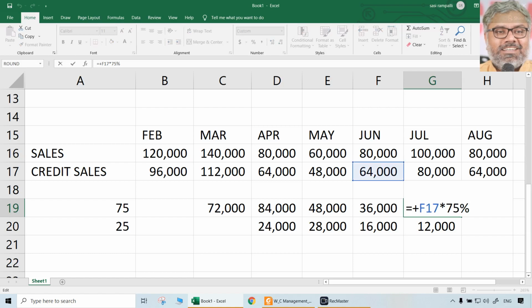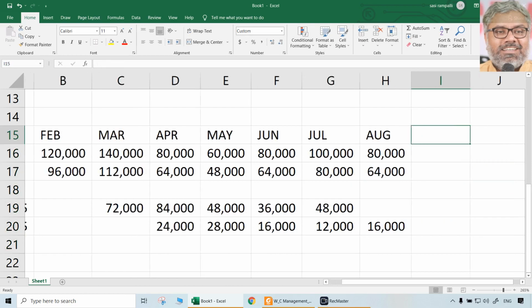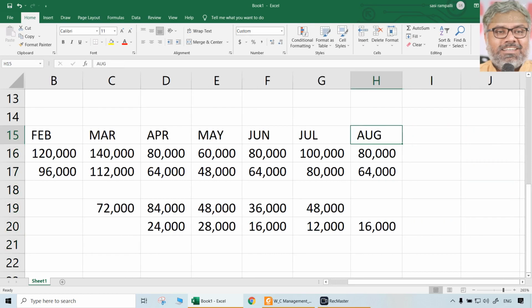June sales, 75% will be collected in July, 25% will be collected in August. Of course, September sales we may not need, but definitely collection we need. Same way, up to where we have calculated, up to June we have calculated.